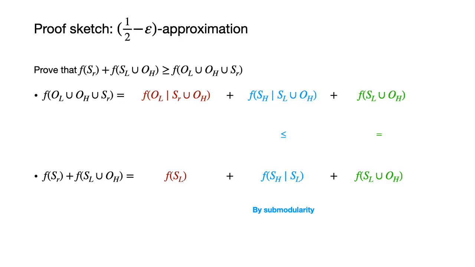The first column is a bit more complicated, but essentially this is due to the design of our filtering phase. Recall that OL are the optimal elements that are not selected in the filtering phase, and therefore we can show that its marginal contribution is actually worse than the value of SL. So that's the proof sketch. Please check out our paper if you are interested in further details.